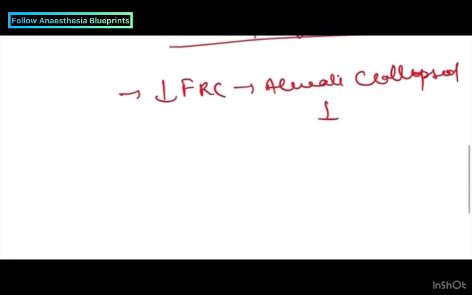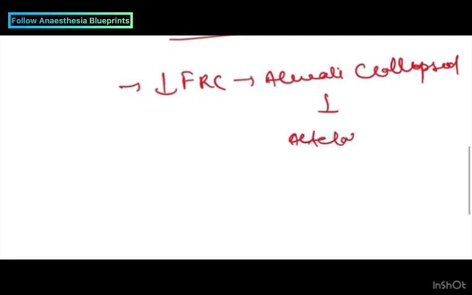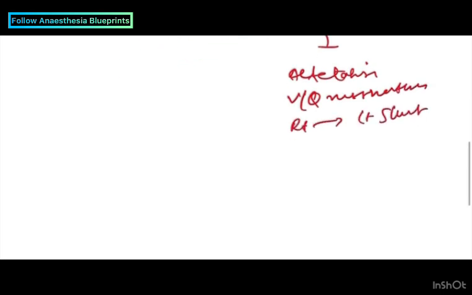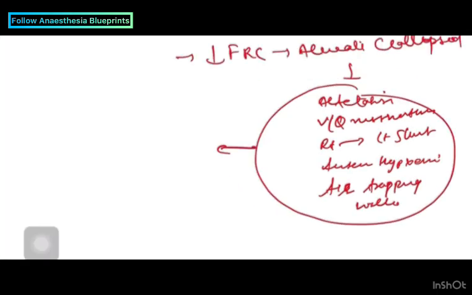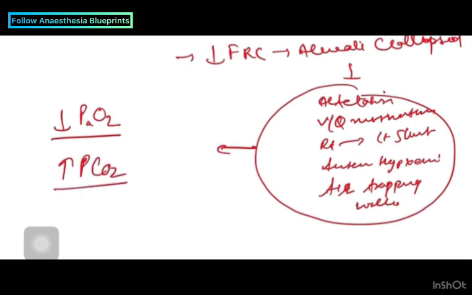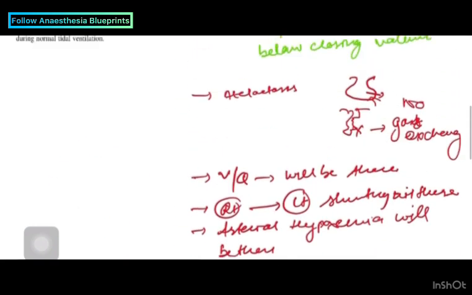Atelectasis, VQ mismatch, right to left shunt, arterial hypoxemia, air trapping will occur. Everything will lead to decreased PaO2 and increased PCO2. In this case, the same is happening.